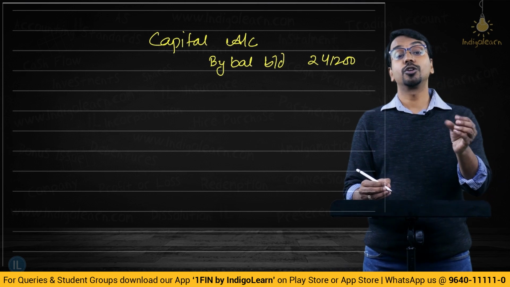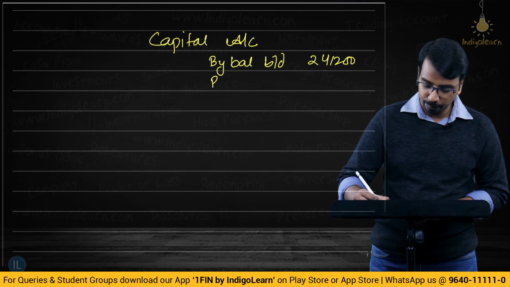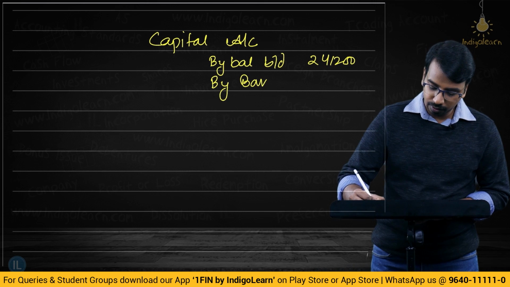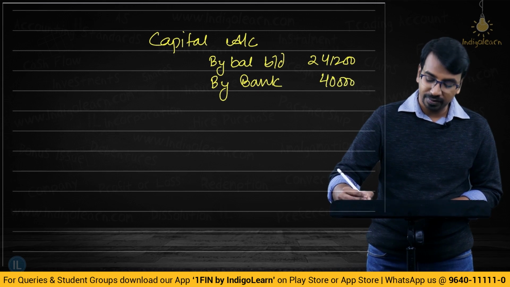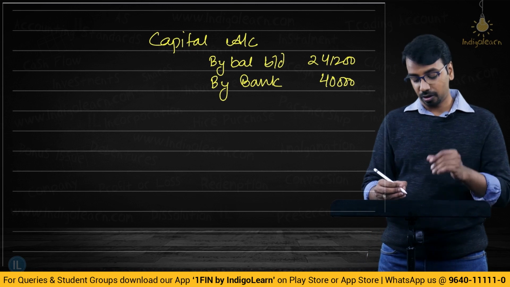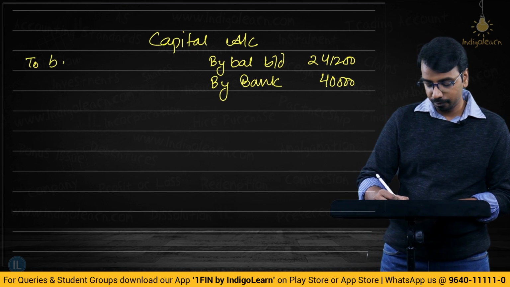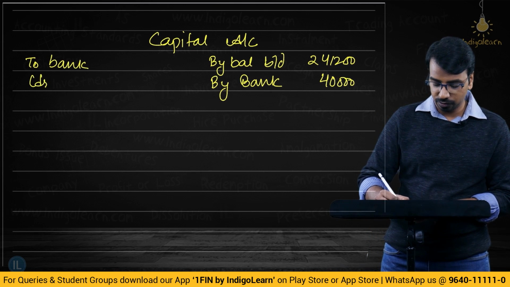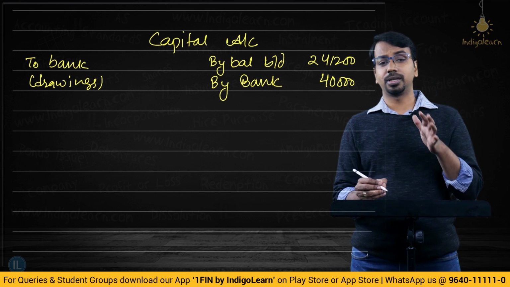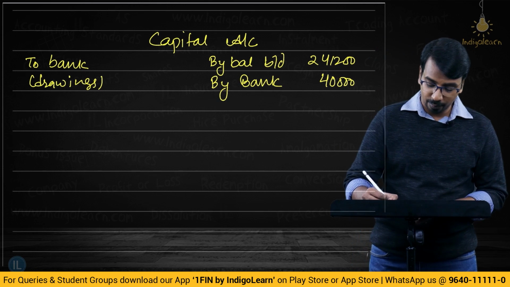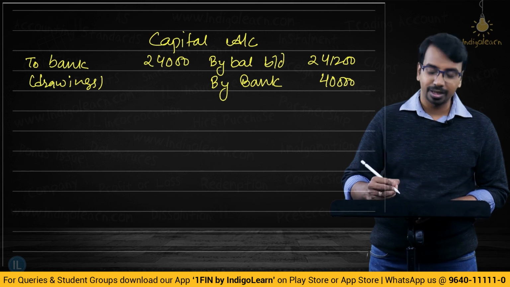Then, when you introduce new capital, you will say by bank, because you have got proceeds from LIC, which was 40,000. Then, when you make drawings, you will say to bank (drawings), or if you have prepared a separate drawings account, you can say to drawings, amount is 24,000.